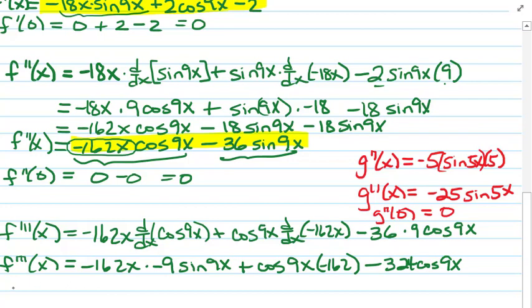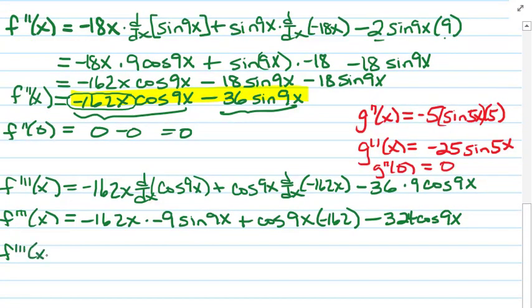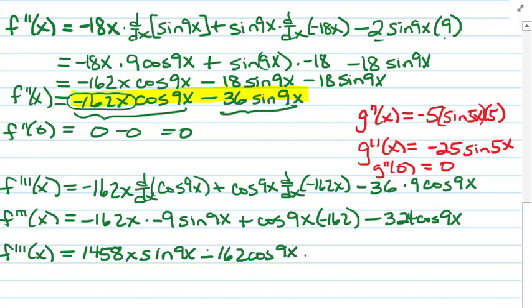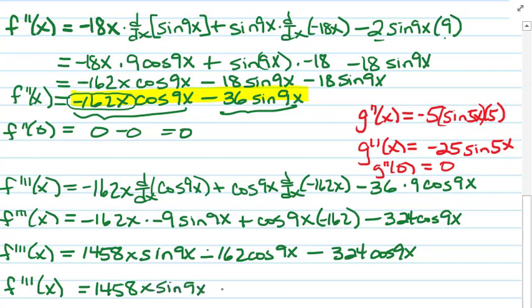Simplifying a little bit here, we have f triple prime of x is equal to 1458x sine 9x. And then we're going to have minus 162 cosine 9x minus 324 cosine 9x. Those are like terms. Let's combine them. So our third derivative will be 1458x sine 9x minus 162 and 324 comes to 486 cosine of 9x.